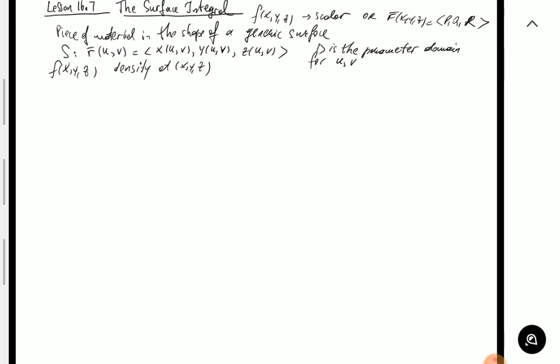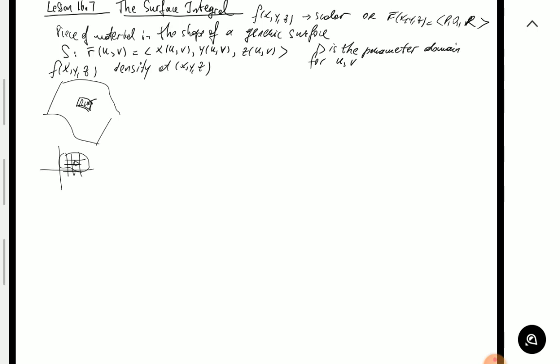So without going into too many details, let's say this is the surface in question. If we take the parameter domain D and split it into a partition, like we did for the double integral, each piece of the partition corresponds to a patch on the surface.